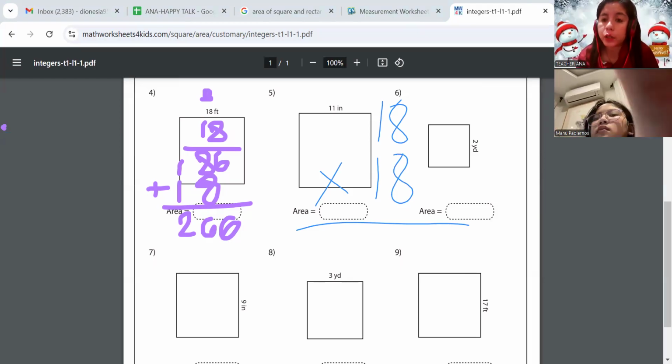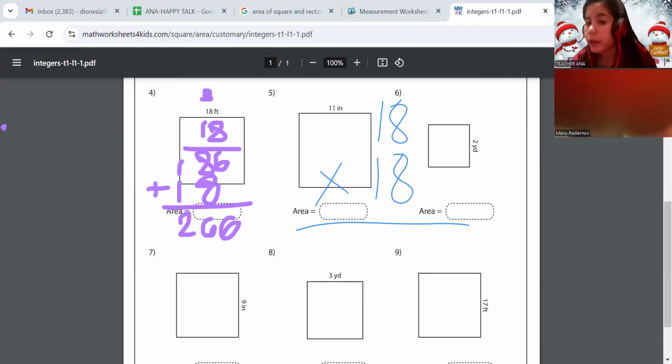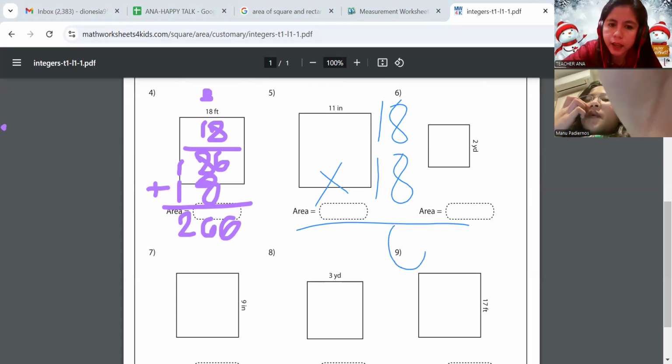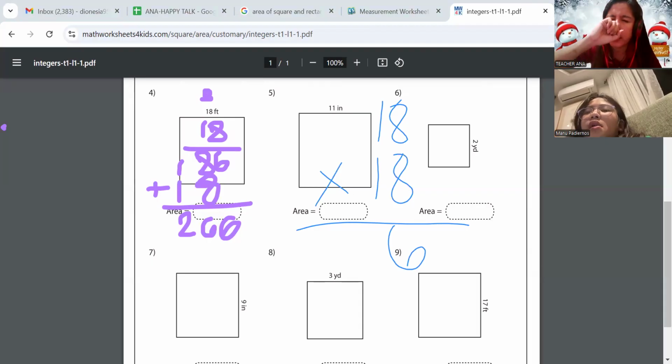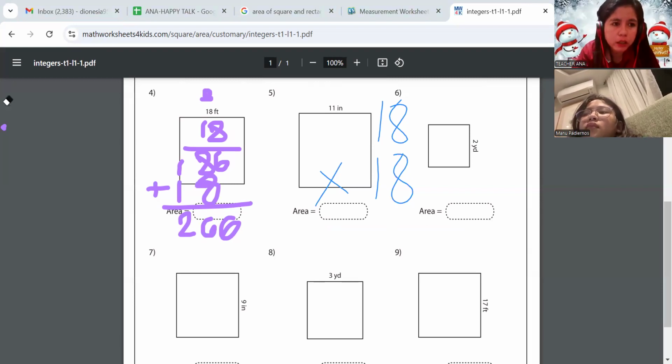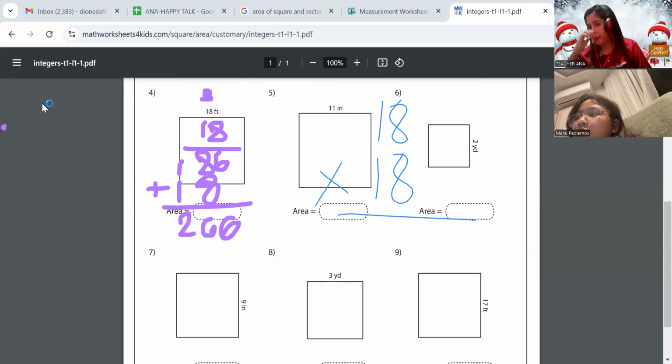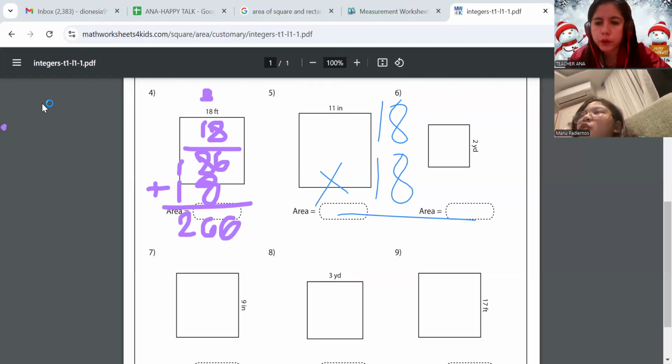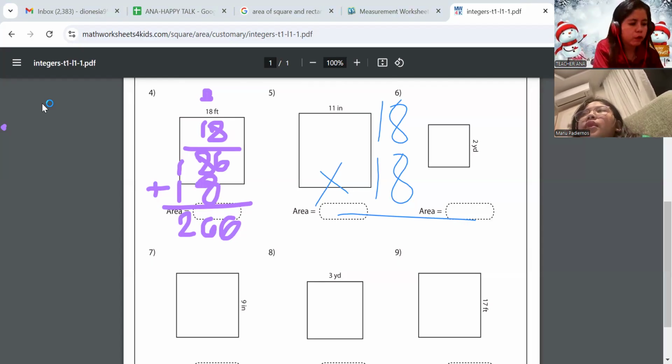Do not erase your work so that we can compare. 8 times 8, Mano. Are you sure? Go back to the multiplication table, Mano.